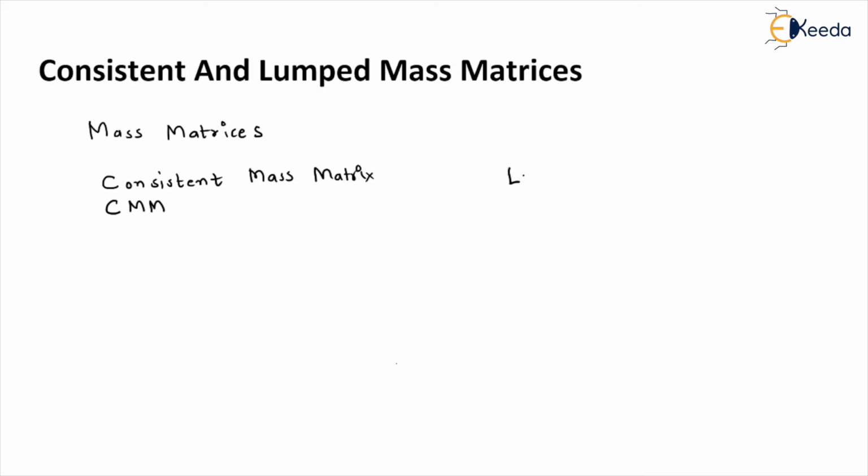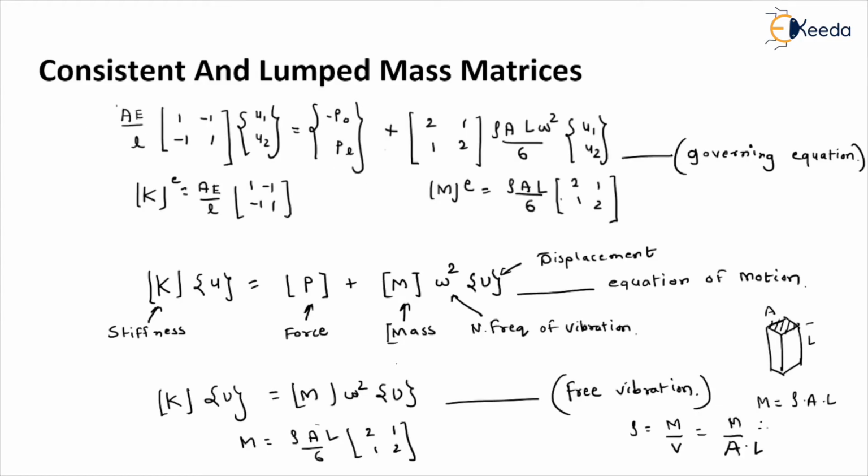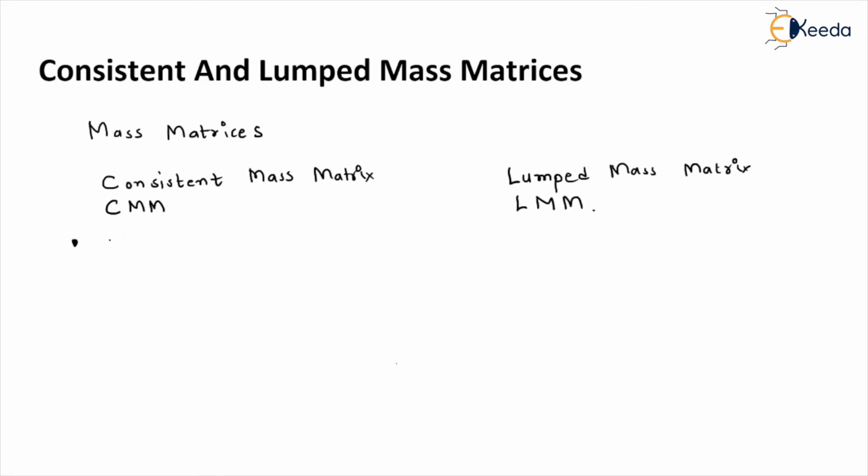And second option we have is lump mass matrix, which is also written as LMM. So first let's understand what is the difference. So in this mass matrix, if our matrix is derived by the shape function, then we can have the consistent mass matrix.